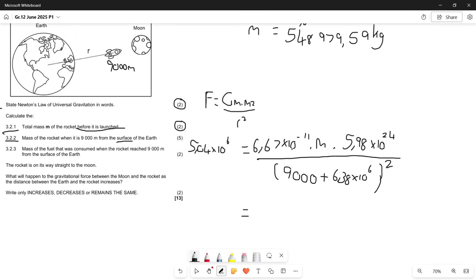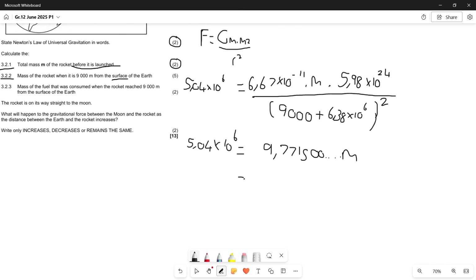Once we have simplified that, we'll have that multiplied by m, and then we can divide that on this side, and then we can isolate for m. So I'm going to go ahead and plug this into my calculator, the right side excluding the m, and on the right side we have 9.7715 m. So we have simplified all of this in our calculator, and this still equals 5.04 times 10 to the 6.